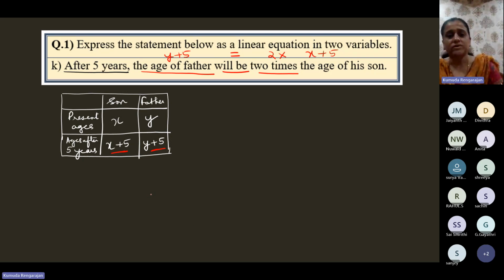Because it is after 5 years, you should use the assumptions we have made after 5 years, not the present ages. Son's present age X, father's present age Y. After 5 years, son's age X plus 5, father's age Y plus 5.